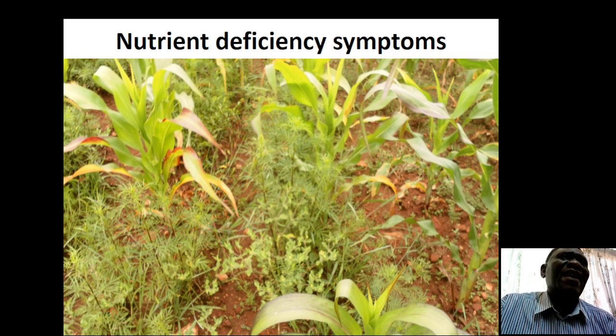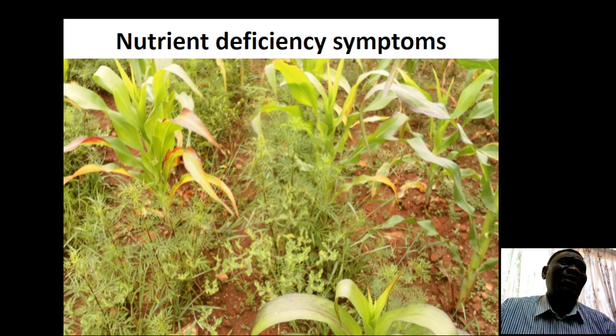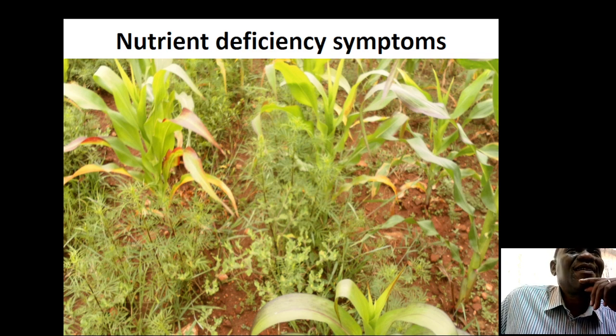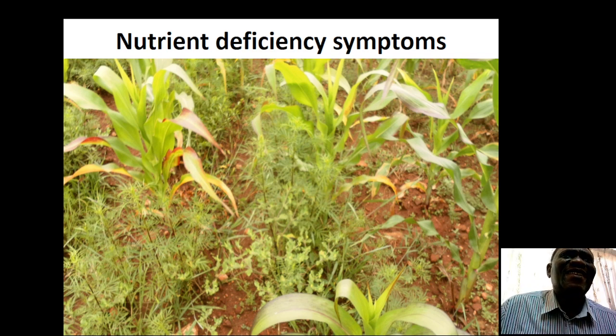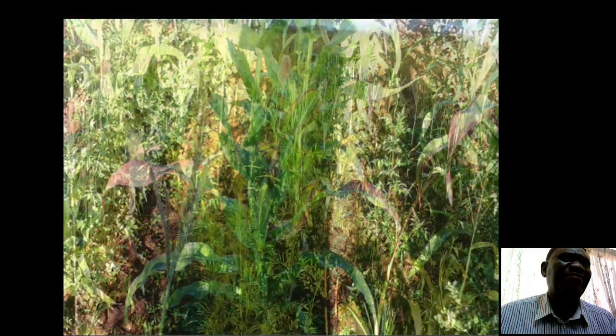Here we've got the maize exhibiting those characteristic colors, purplish and yellowish, probably indicating the absence of phosphorus and nitrogen, which could have been taken by the weeds. Again, purplish color. Here it's a characteristic of phosphorus.